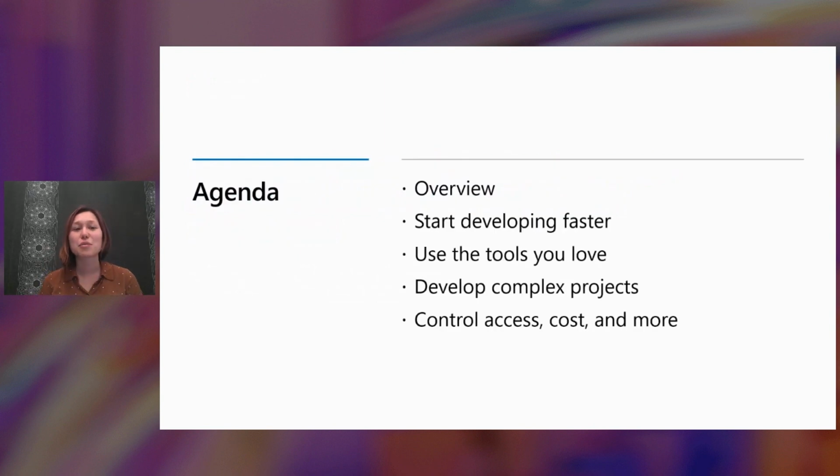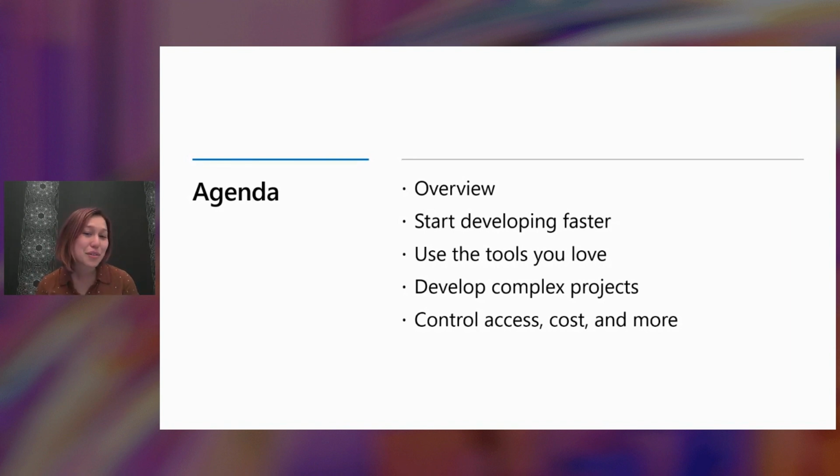So we're going to start with really just a 5-point agenda here. I'm going to give you a little bit of an overview in case this is the first time you've heard about Codespaces. We're going to talk a little bit about how Codespaces can help you develop even faster. We're going to talk just a little bit about the tools that we support. We really want to meet you where you are with the service.